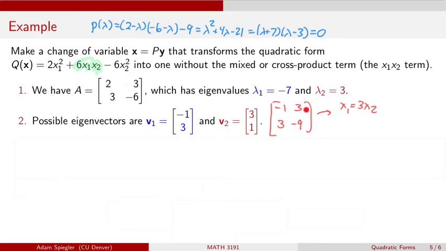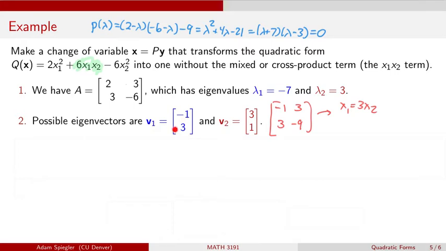Then think about the homogeneous solutions to that resulting matrix, which gives us a solution x1 equal to 3x2. That's where the vector v2 equals (3, 1) comes from. We can similarly find an eigenvector corresponding to lambda 1 equal to minus 7; one such eigenvector happens to be v1 equals (-1, 3).